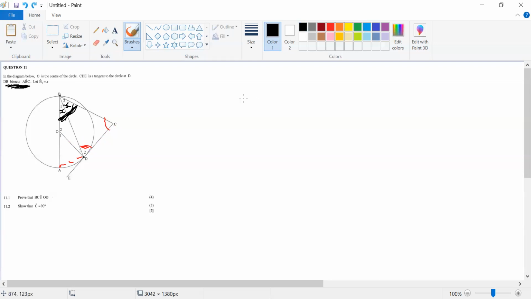So in order to calculate D1, that actually looks very simple because OB is equal to OD. And that's because they are both radii. And because they are both radii, then I know that D1 is equal to angle B1 because they are angles opposite equal sides.